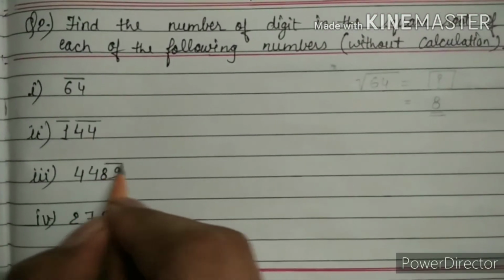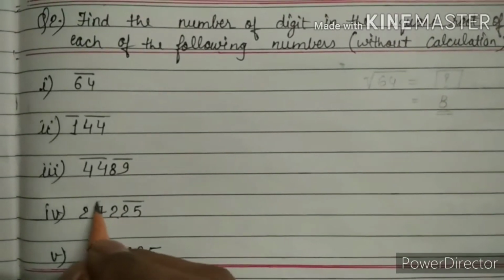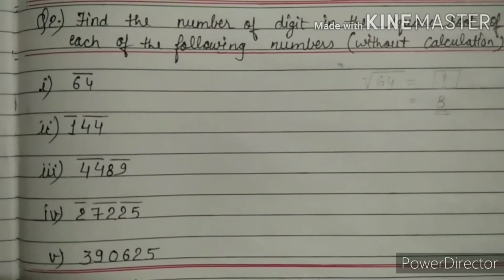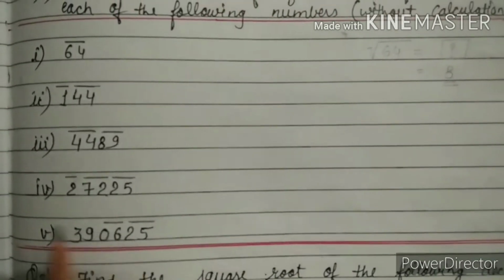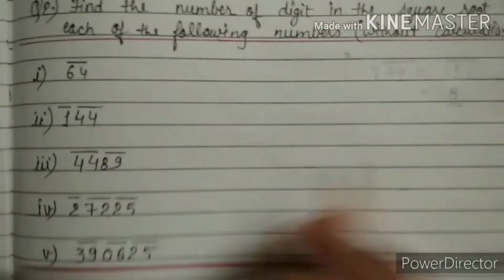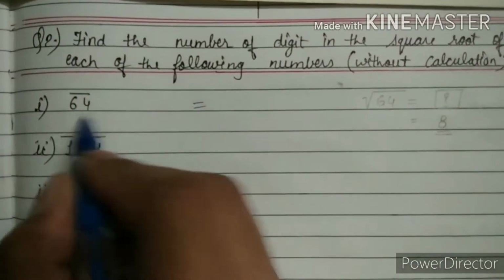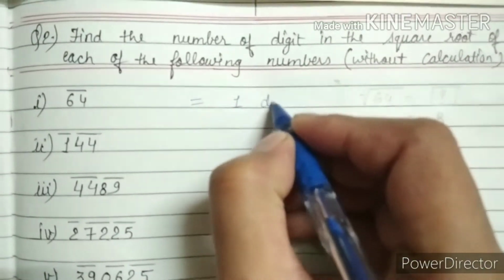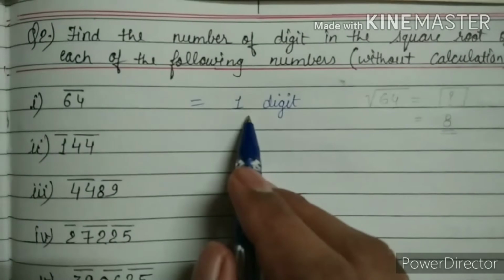In the third we have one pair and second pair. In the fourth, first pair, second pair, third pair. Here in the fifth, 25, 60 and 39. So in 64, how many pairs are here? We have one pair. So its square root is a one digit number.